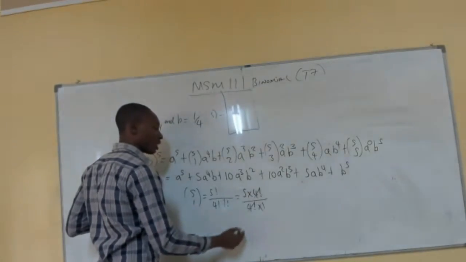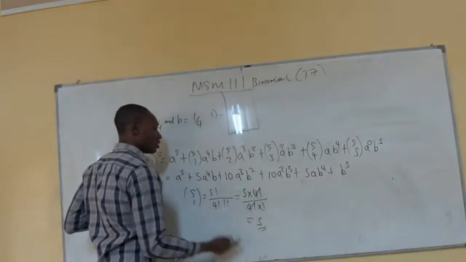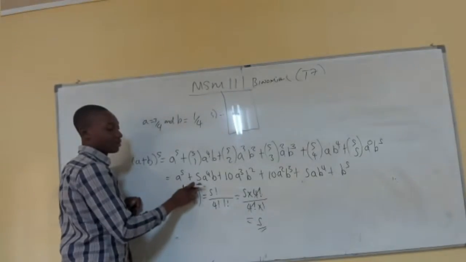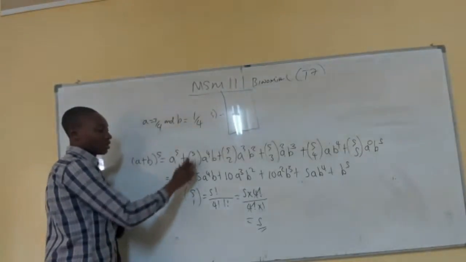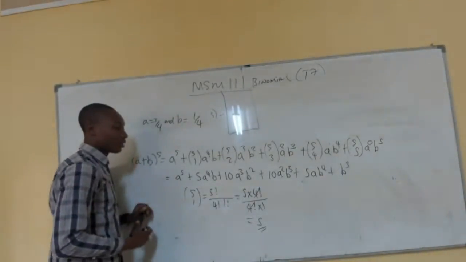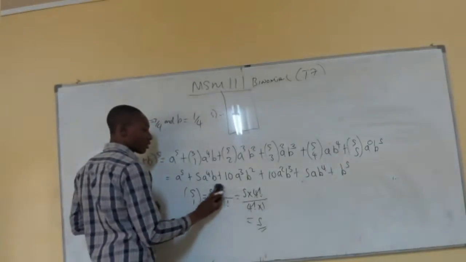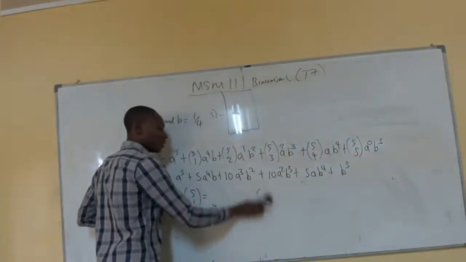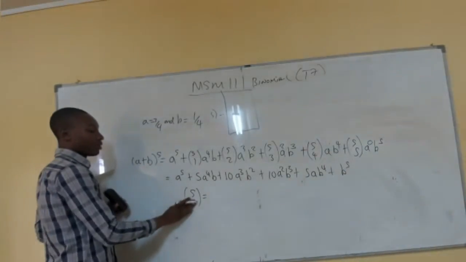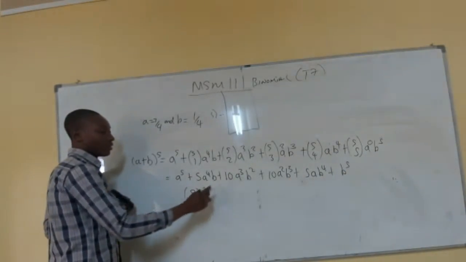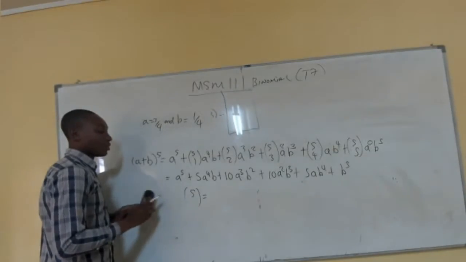So this and this will cancel, so this is just 5. This is the 5 we are seeing here. So that's how it goes to the values, okay?